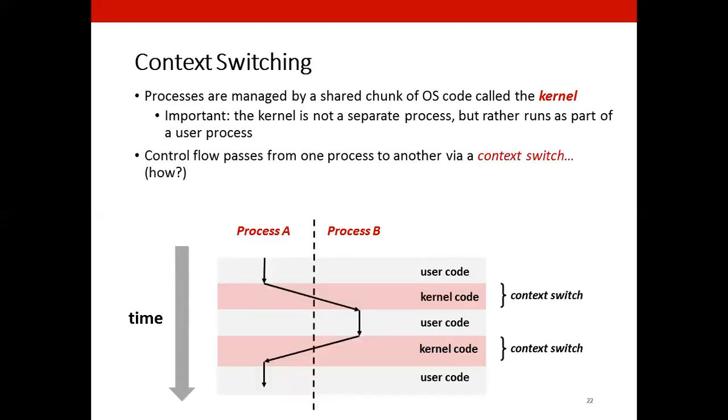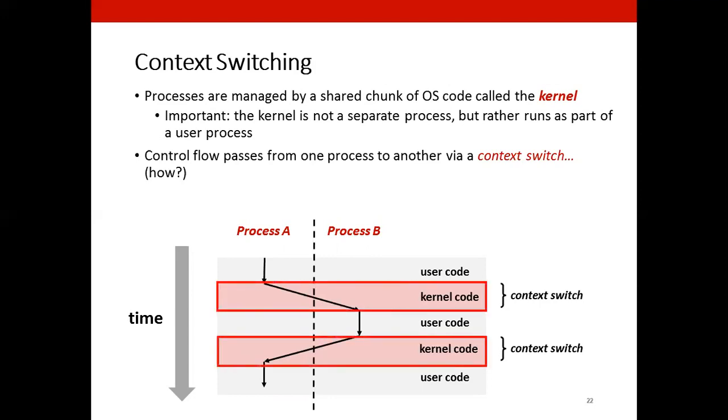Say that process A is running and suddenly it is time, based on a timer interrupt, which says that CPU time for process A is up. So now here we have a timer interrupt that switches to the kernel code.